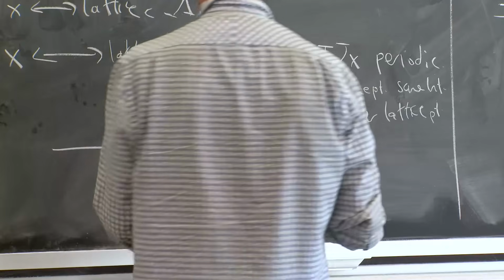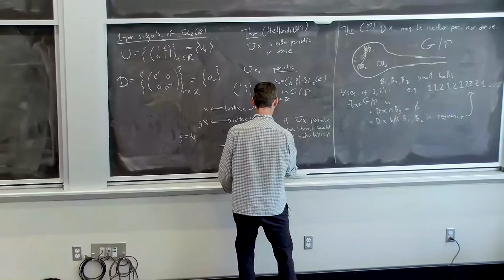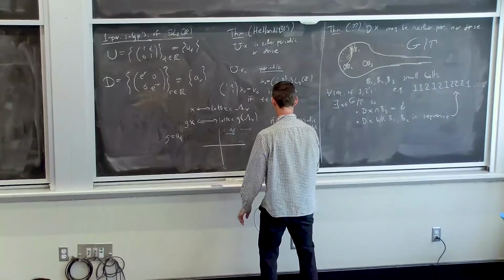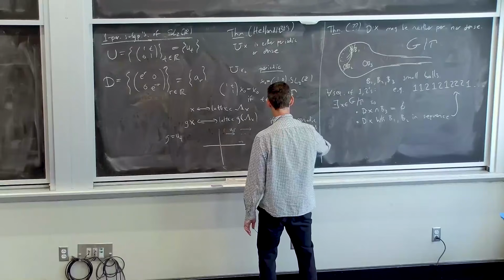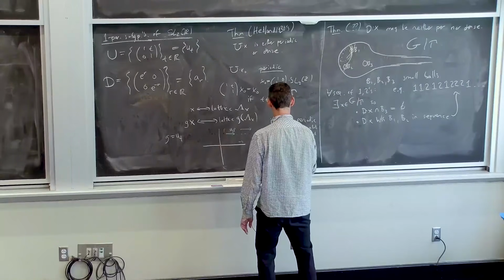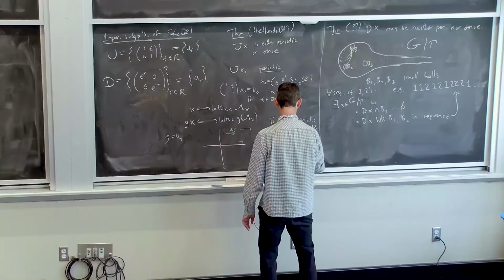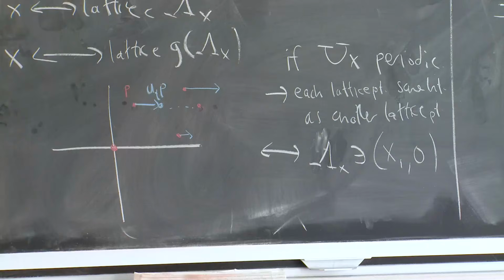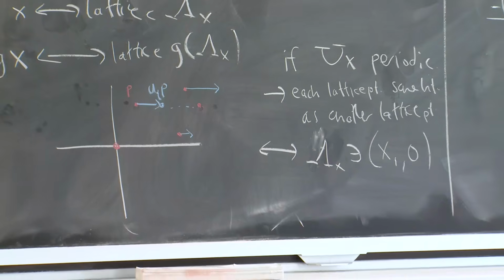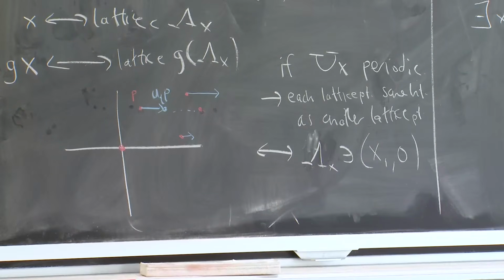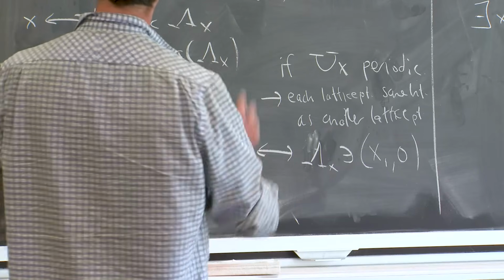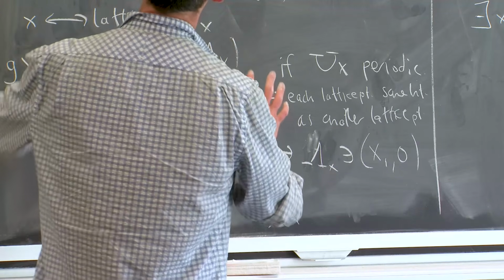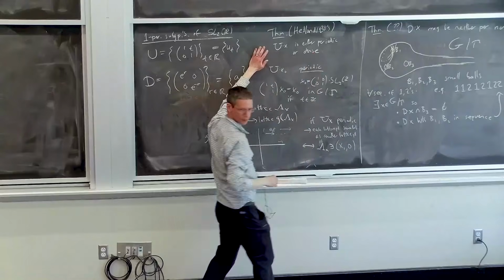So this is true if and only if lambda of x contains a vector of the form x1, 0. Most lattices don't contain a vector on the x-axis, so u times x is usually not periodic. And then the difficult theorem is that in that situation, u times x is dense.